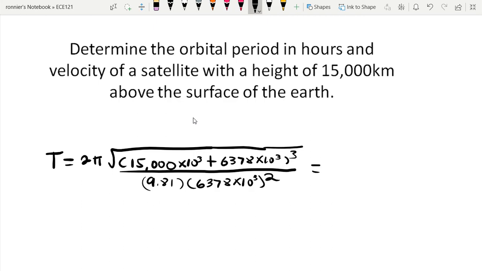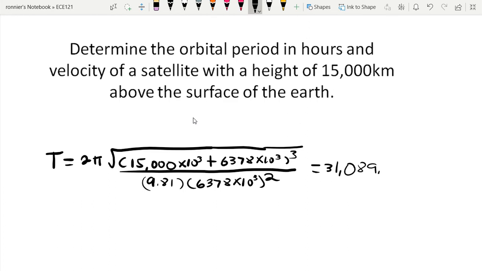So, equals 2 pi square root of 15,000 exponent 3 plus 6378 exponent 3 cubed divided by 9.81 times 6378 squared.